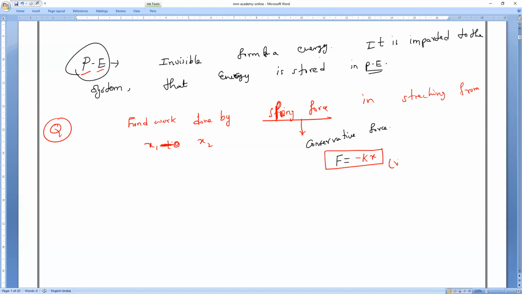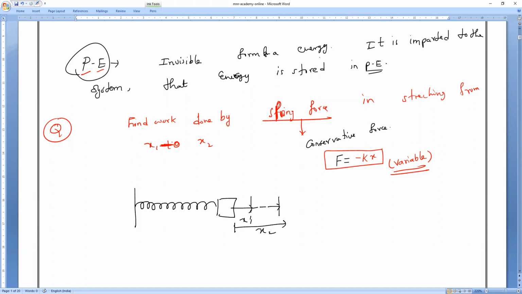Is this force a fixed force or a variable force? Variable force. Spring force is equal to minus kx. What do you mean by minus kx? If the displacement is in the forward direction, the force is exerted in the opposite, backward direction. Initially the mass has moved x1 distance and then moved to the new position x2.